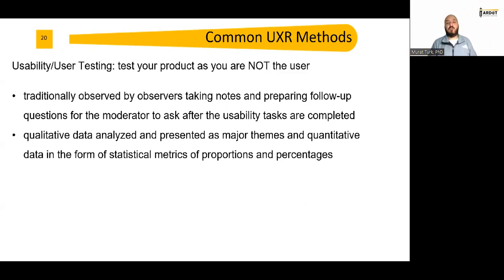And if you have quantitative data as well, we can also analyze it and show them as proportions, percentages, like how many errors on one particular task, how many of the participants completed the task successfully, what is the average time that participants spend on that particular task, and all that statistical information is also possible to include.